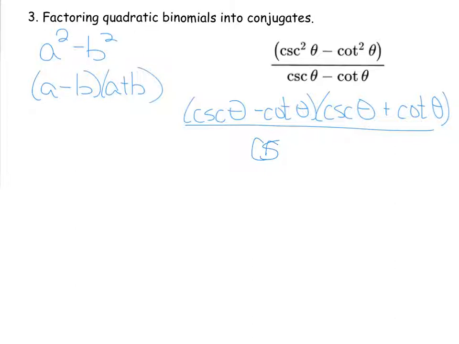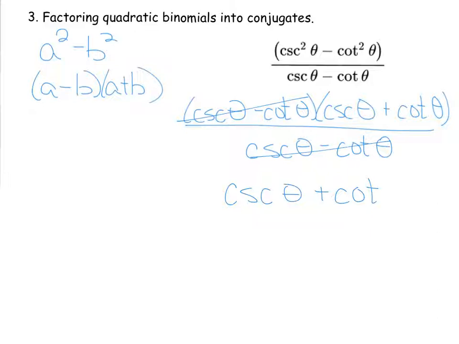I have a hard time writing cosecant for some reason. And then I look and I see, well, that and that are the same thing. So they cancel, right? Cancel, cancel. And I'm left with cosecant theta plus cotangent theta. I could put that into reciprocal functions, but that's not really going to help things any. This is my simplified term.